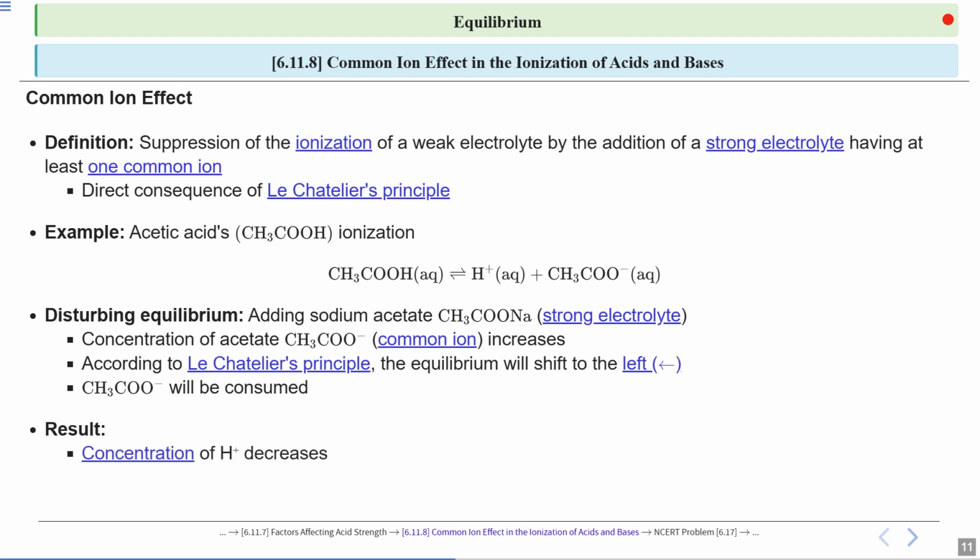If the reaction moves backward, that means less acetic acid will be dissociated and the H plus concentration will decrease. Second, if H plus is decreasing, your pH will increase, because pH is nothing but the negative logarithm of H plus. Third, which is obvious, the ionization of acetic acid is suppressed. Got it?